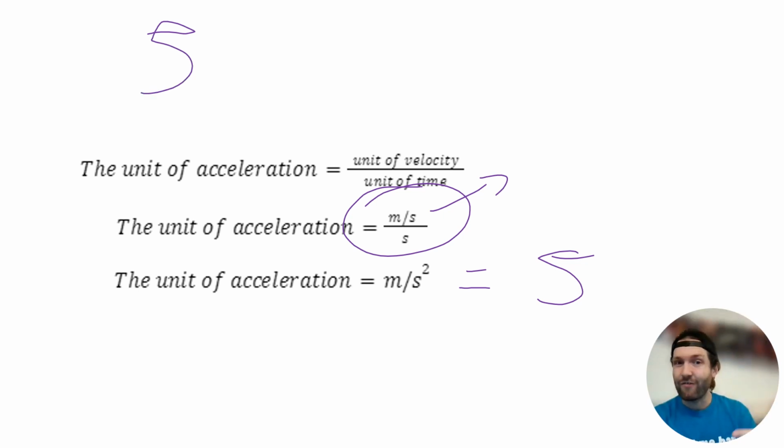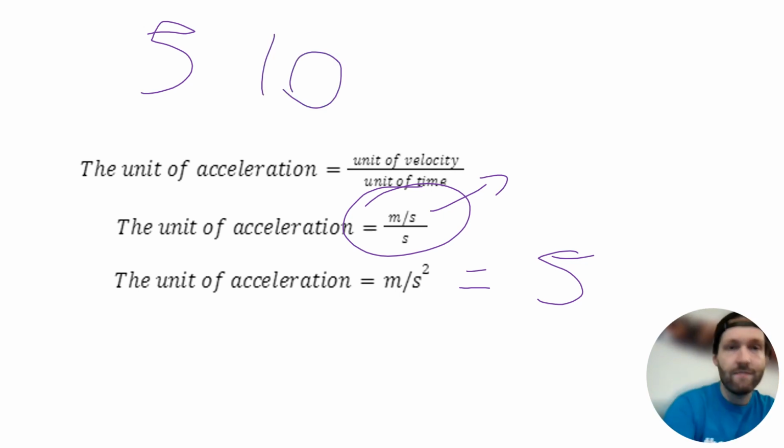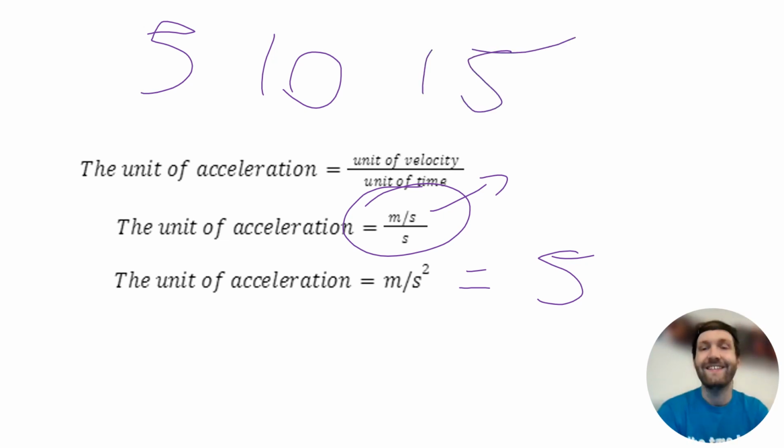I'm still accelerating at 5 meters per second. So in second 2, I'm going 10 meters per second. In second 3, I'm going 15 meters per second. I am uniformly accelerating at a rate of 5 meters per second, per second, or more commonly said, 5 meters per second squared.